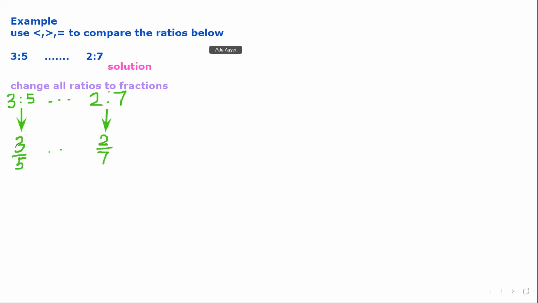Now, because these fractions have different denominators, they are what? Unlike fractions. So you have to change unlike fractions to what? To like fractions by finding the LCD.